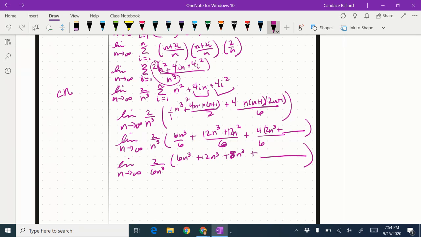So it would be 2 times 6 plus 12 plus 8 all over 6. So that's going to reduce to 3. When we add that up, we should get 26 over 3 would be our limit.